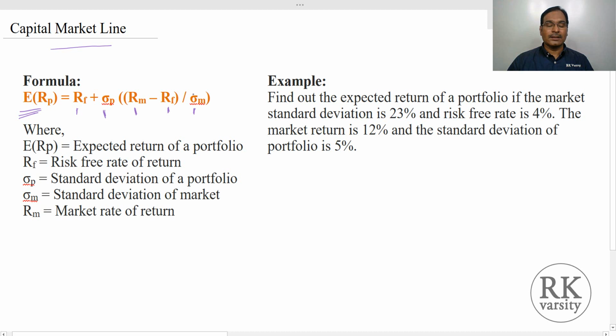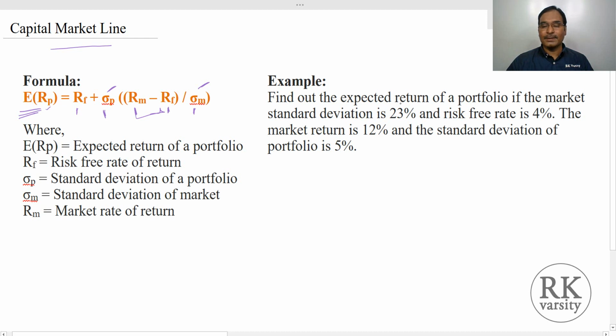Right here, instead of calculating the market risk, we are considering the unsystematic risk or a portfolio's individual risk. Similarly, we are calculating the portfolio individual risk as well as the market individual risk and comparing this with the risk-free rate to calculate our expected return.